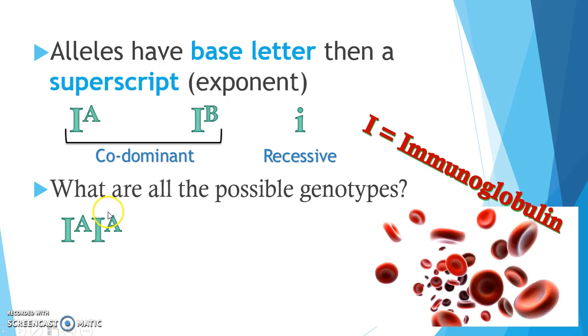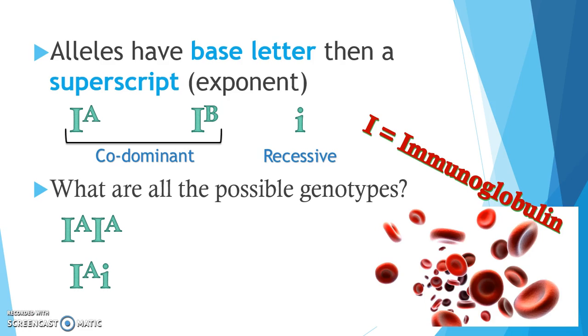So let's look at what the possible genotypes can be. You can be homozygous for type A, which means I capital A, I capital A. You can also be heterozygous for type A, which means that you have the dominant IA and the recessive lowercase i.